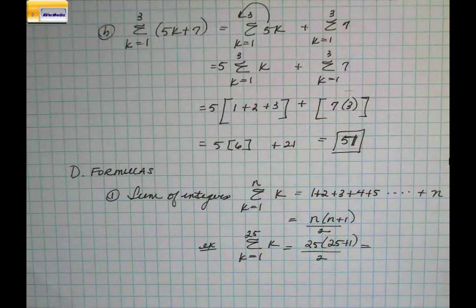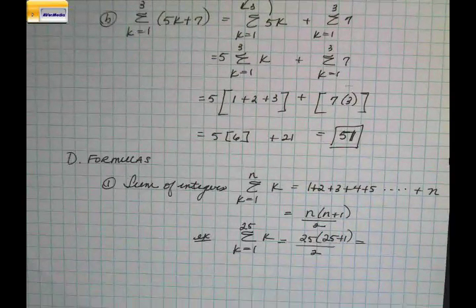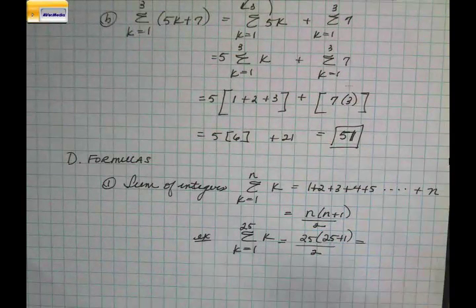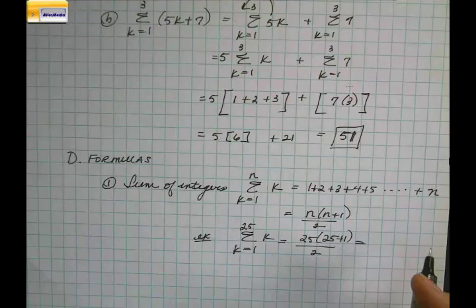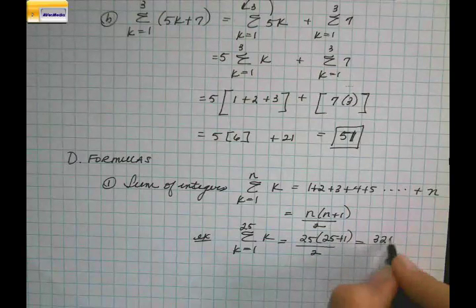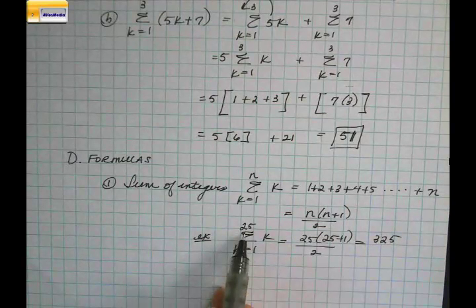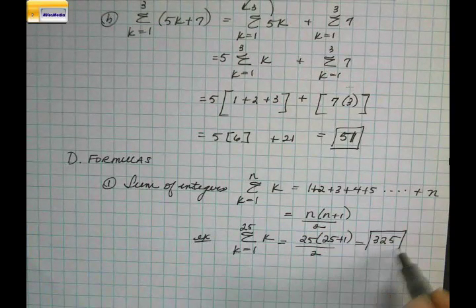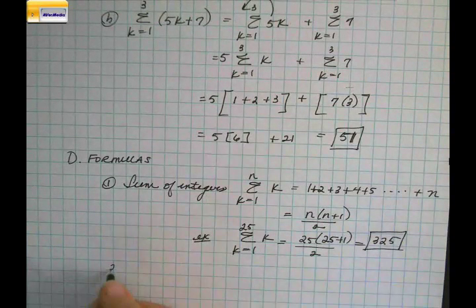It seems simple, but it takes a little while. What's 25 times 26 divided by 2, which is 25 times 13? 325. Think about it. If that number was 300, add the first 300 integers. Using that formula is nice and handy.